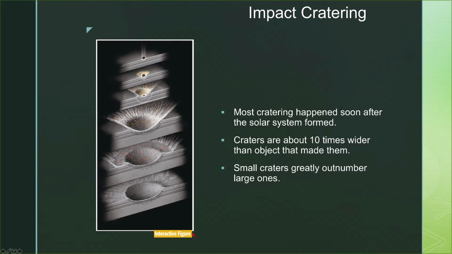We've talked about that a tiny bit. But you can see how much bigger the crater is, about 10 times wider than the actual impact object. And small craters in general outnumber big ones, as you might imagine. And most of the cratering happened soon after the solar system formed, and you should have figured all that out in your moon impact cratering questions that you were just answering.